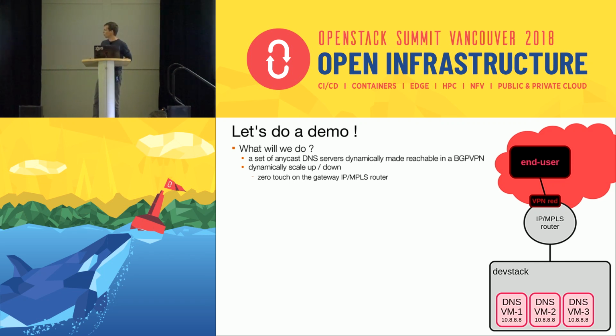So it's a simple demo where the function that we deploy as Anycast is not an IP gateway, but a DNS server. So we will have an end user in a given VPN, which we call VPN red, trying to reach a DNS server via the IP 10.8.8.8, which is actually present.